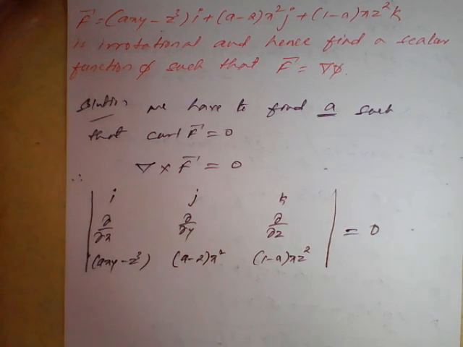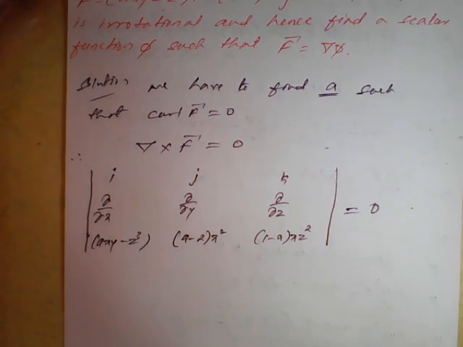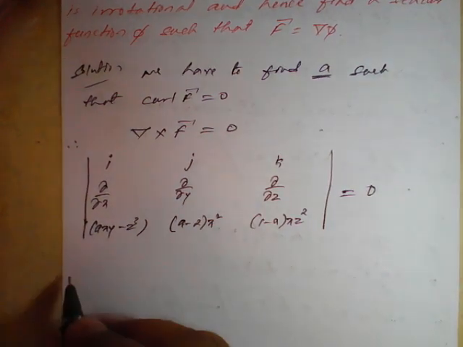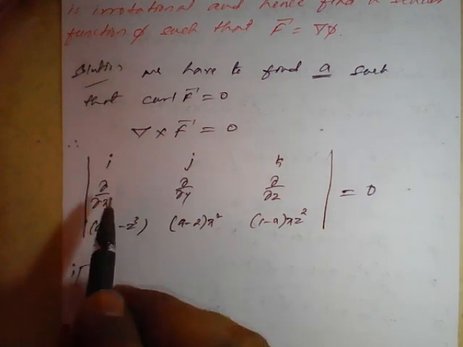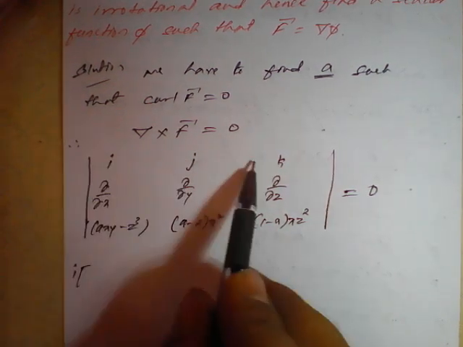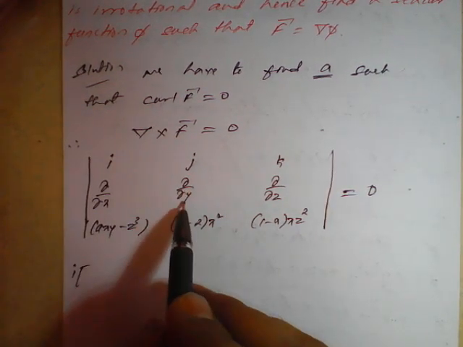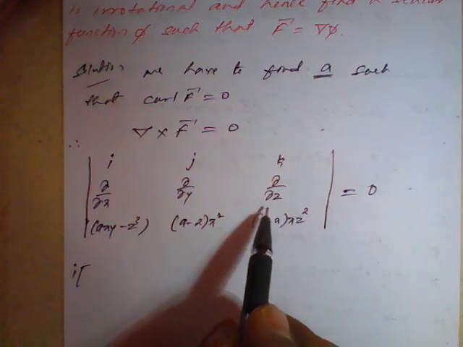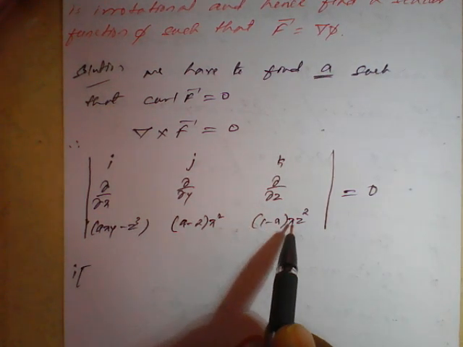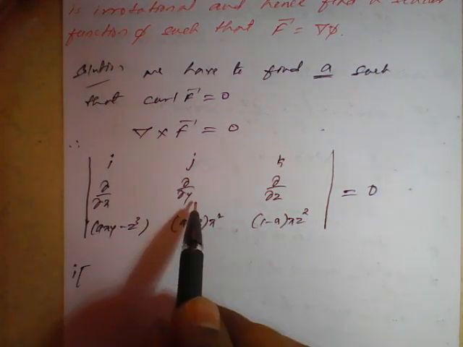Now the left hand side determinant we need to simplify. That is I times, first row, first column: dou by dou y of 1 minus a x z square with respect to y.